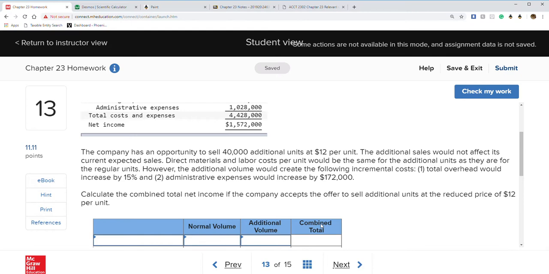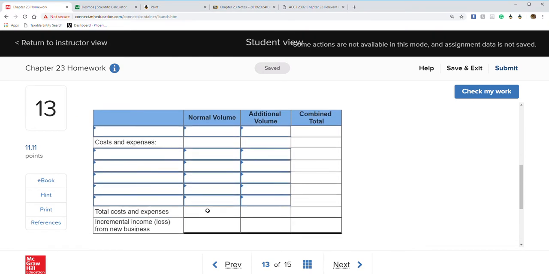Direct material and labor cost per unit would be the same for the additional units as they are for regular units. However, the additional volume creates the following incremental costs. Overhead will increase by 15% and administrative expenses would increase by 172,000. Calculate the combined total net income if the company accepts the offer to sell additional units at a reduced price of $12 per unit. Okay, cool.